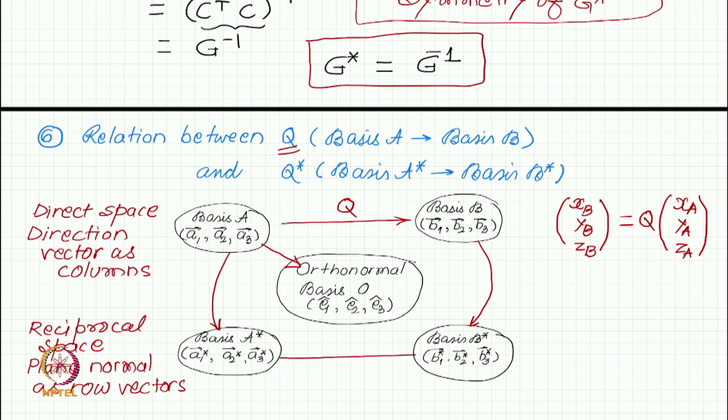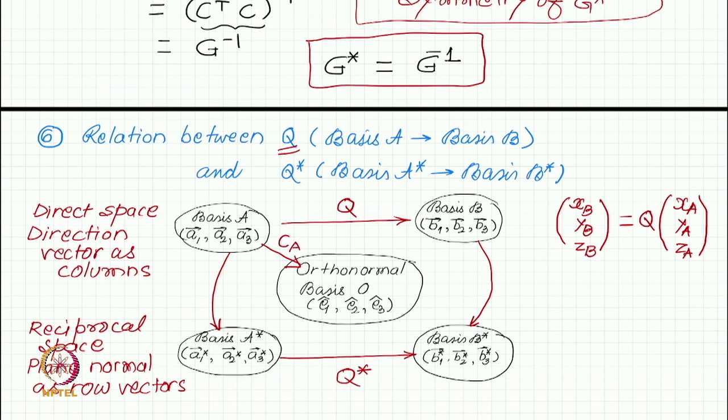So, their communication language will be some other matrix Q star, and we want to find out what that Q star is. In between there is an orthonormal basis which is a sort of communication hub which communicates through different matrices, as you know. So, we are calling them C.